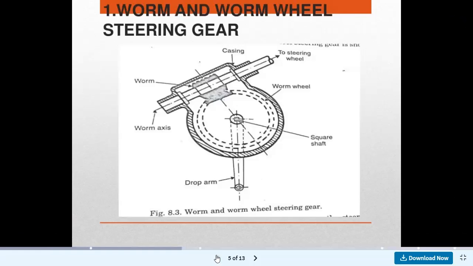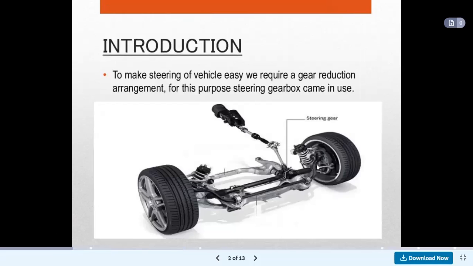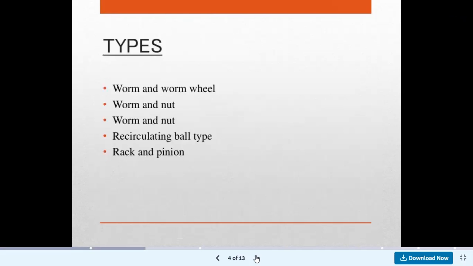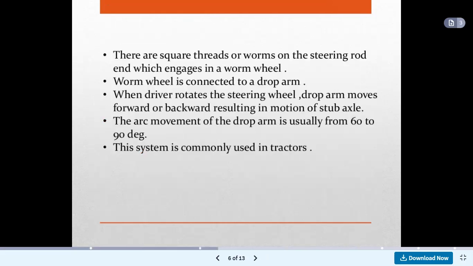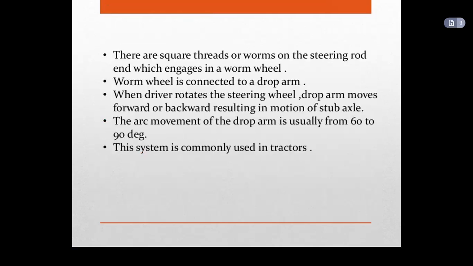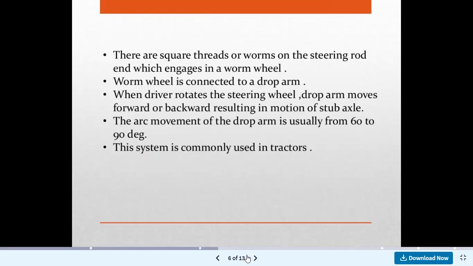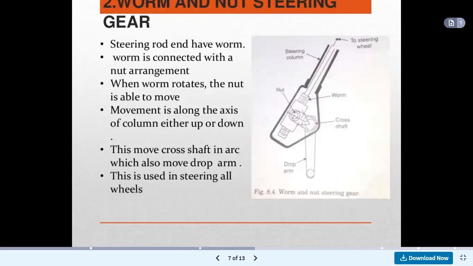The stub axle is located here, so that motion is transmitted towards the stub axle. The arc movement of the drop arm is usually from 60 to 90 degrees. This system is commonly used in tractors.